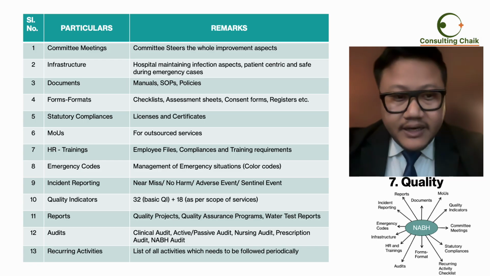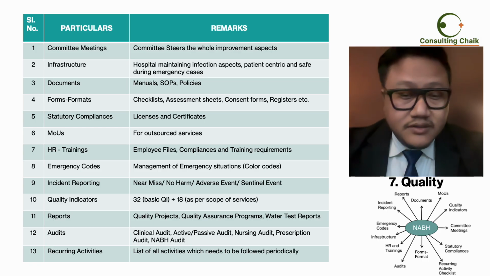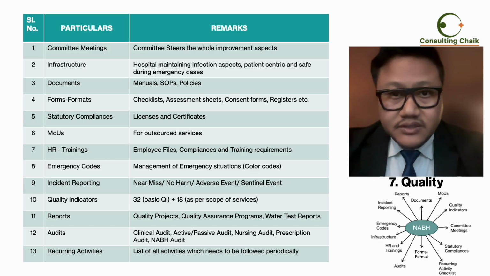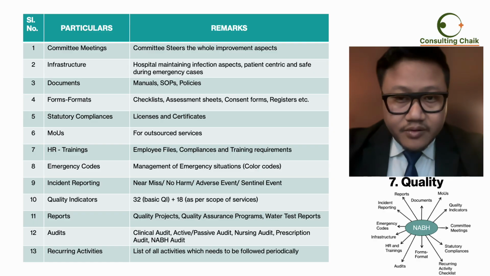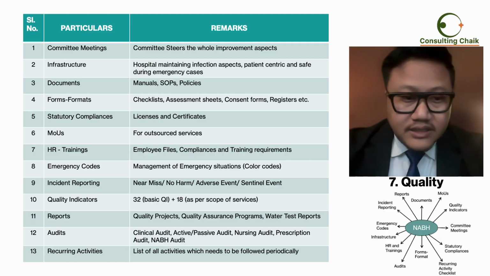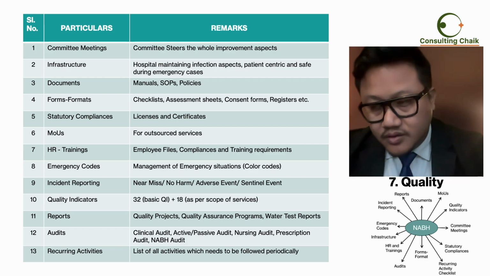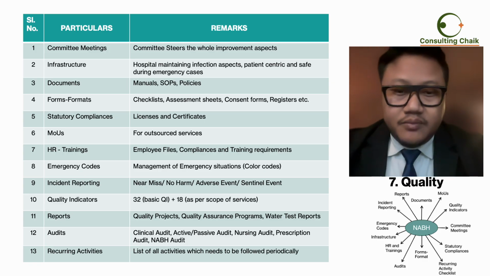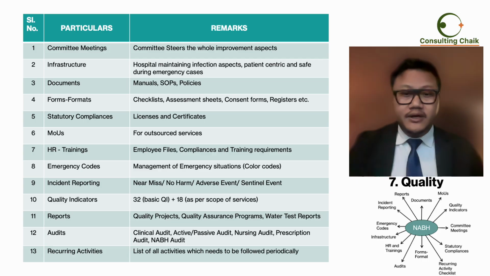Then there are quality indicators. There are 32 basic quality indicators and 8 additional clinical quality indicators, and as per the scope of services, you have those quality indicators. Then comes your reports: quality report, quality assurance program report, water test report, quality project report, active audit report, passive audit report, pharmacy prescription audit report.